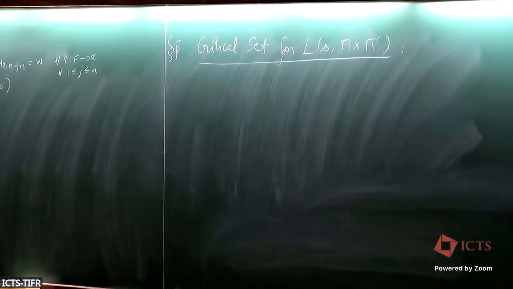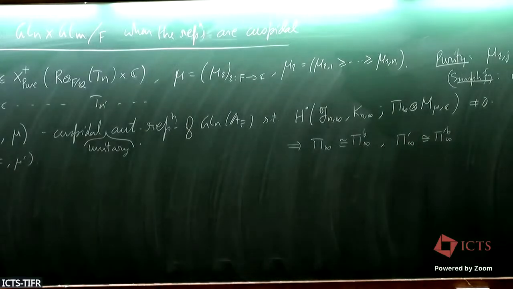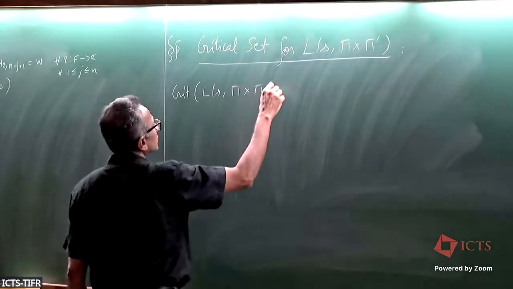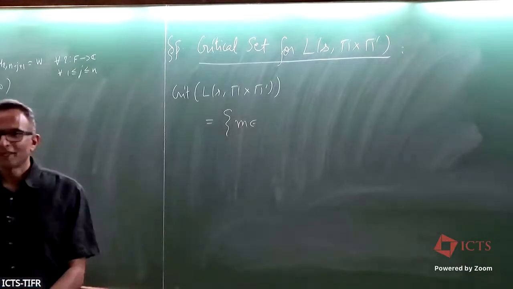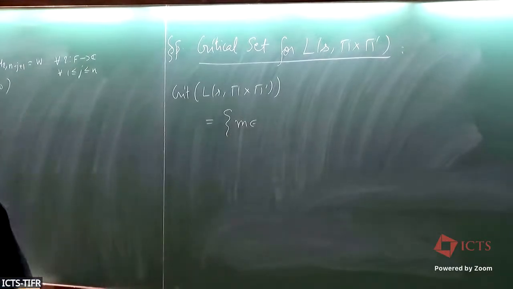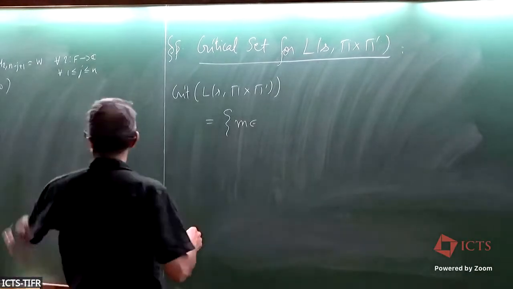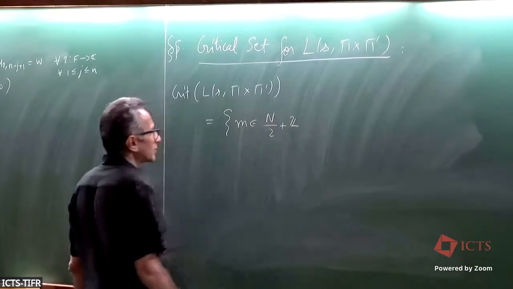The critical set depends on the gamma factors at infinity, and so really on the representations at infinity. In fact, the critical set for this L function has the shape that you look at, and some people like motivic normalization, some people like automorphic normalization, which is just something painful to keep track of. If we are working with automorphic L functions, half the sum of positive roots always comes and messes things up.